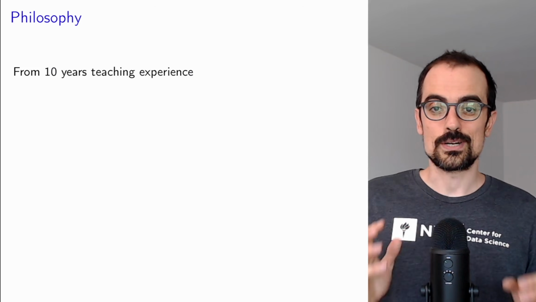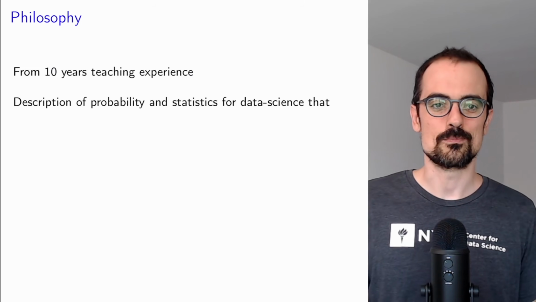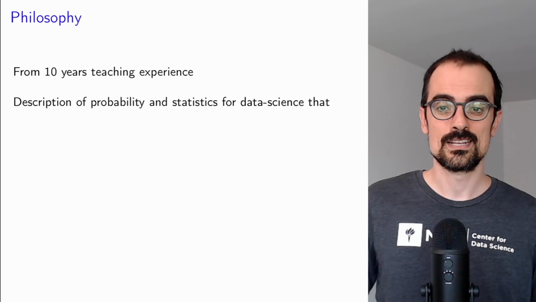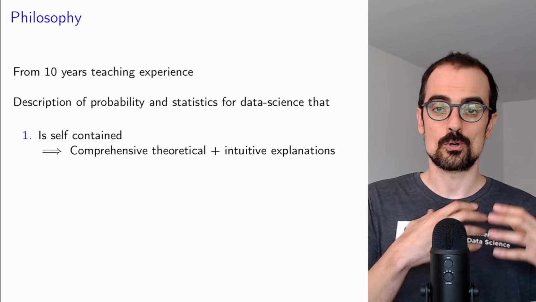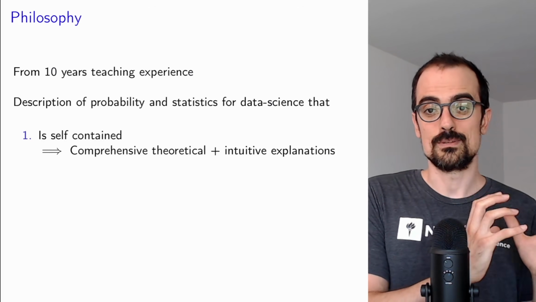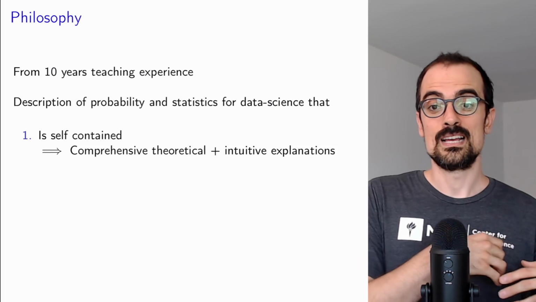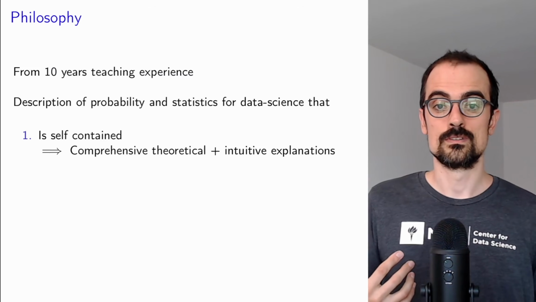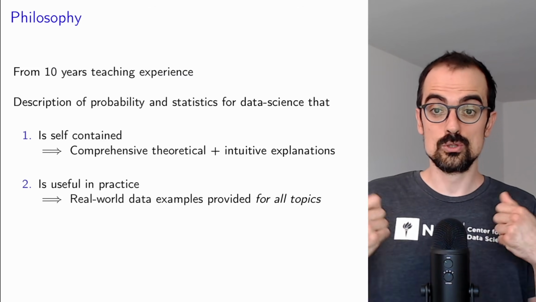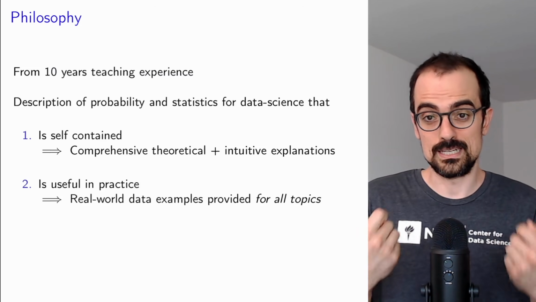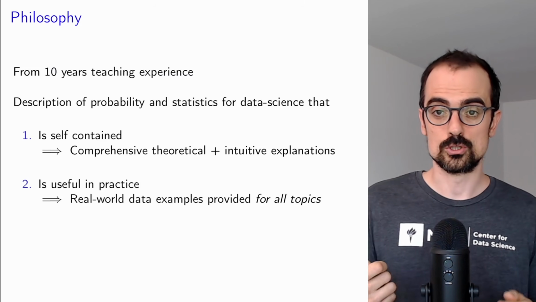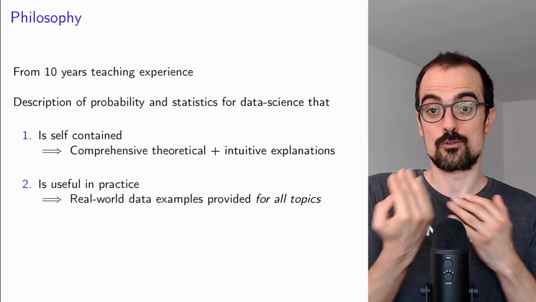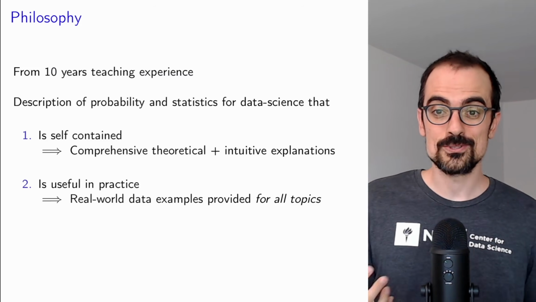Hopefully this illustrates my philosophy, which was gained over the last 10 years teaching probability and statistics for data science. I do believe that you need to provide a description of probability and statistics that is self-contained and is justified theoretically, but also contains a lot of intuition and is useful in practice. So I believe in using a lot of real-world examples to illustrate every topic from the beginning.